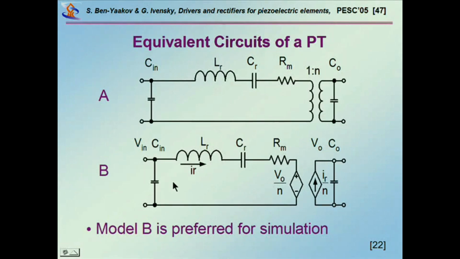Now, we like the presentation at the bottom, in which we replace this transformer with dependent voltage and current sources. From the electronics point of view, these are the same. However, in simulation, when you use this transformer, you can get into trouble.